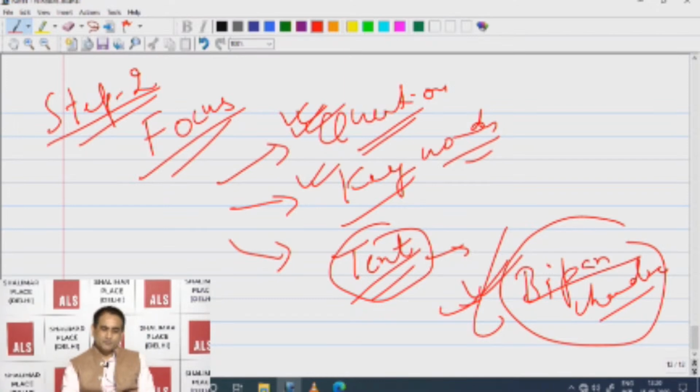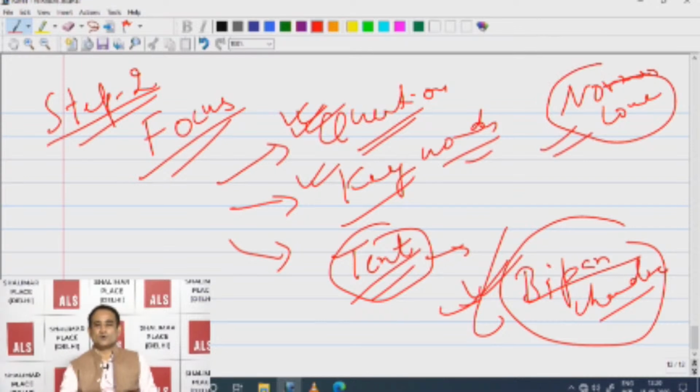Are you getting it? Suppose for world history, what would be the right text? The right text would be one very popular book called Norman Lowe, Mastering World History. And before that, they are giving you a story from the World War, 19th century, 20th century.